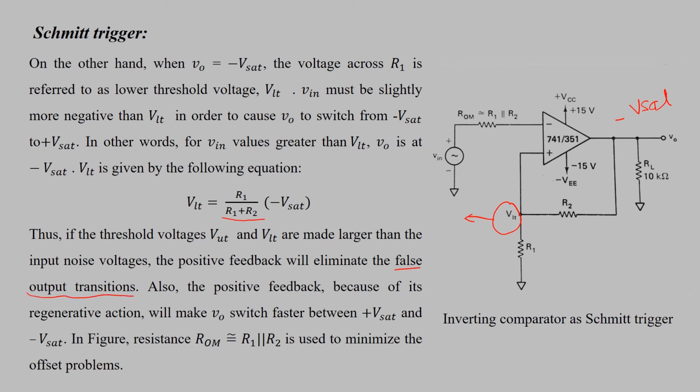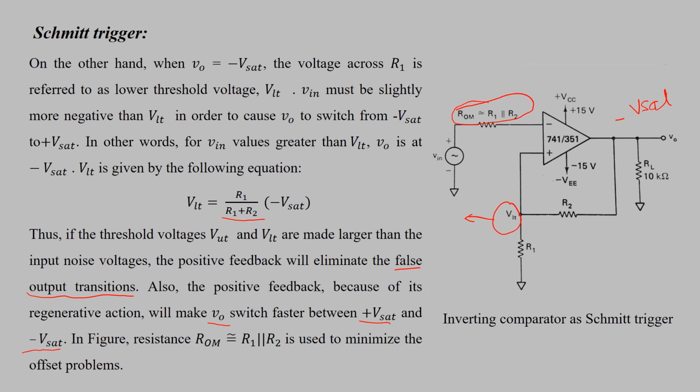Also, the positive feedback, because of its regenerative action, will make V0 switch faster between plus Vsat and minus Vsat. In this figure, the offset minimizing resistance is R1 in parallel with R2, and this is used to minimize the offset problems.